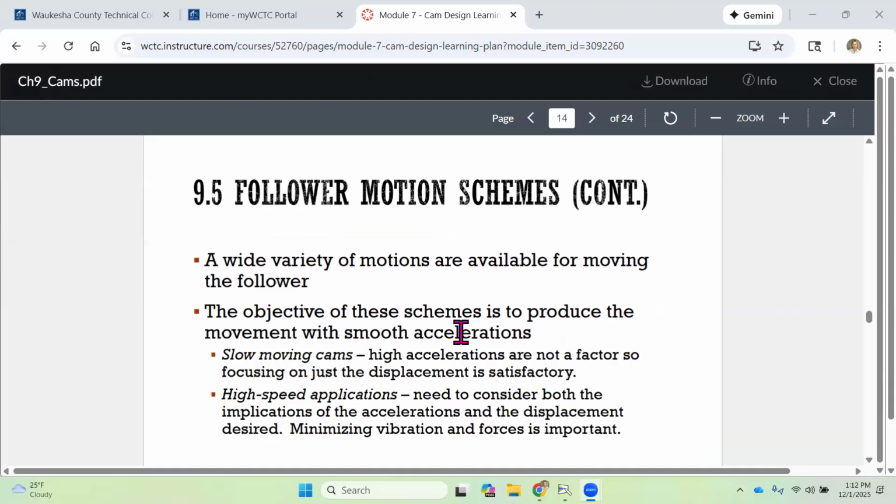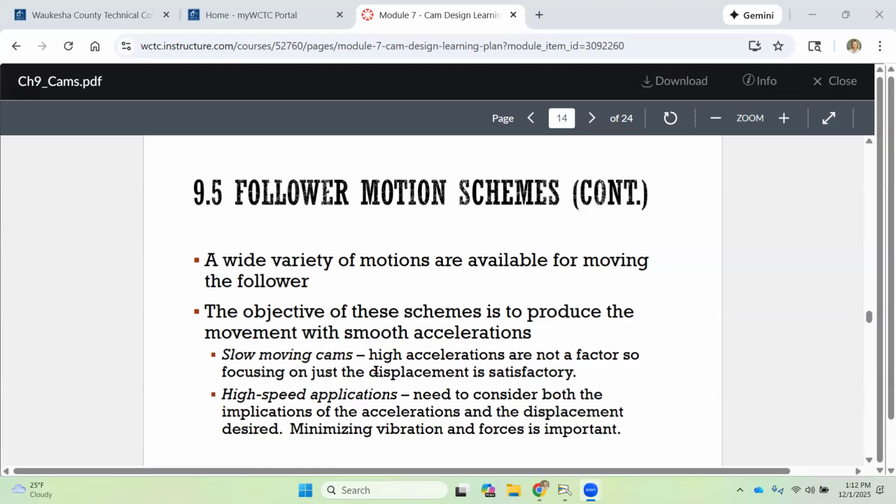Now, there is a wide variety of different motions that our follower can take, but we're going to look specifically at four main kinds. The objective of these schemes is to produce a movement that is going to have smooth accelerations.